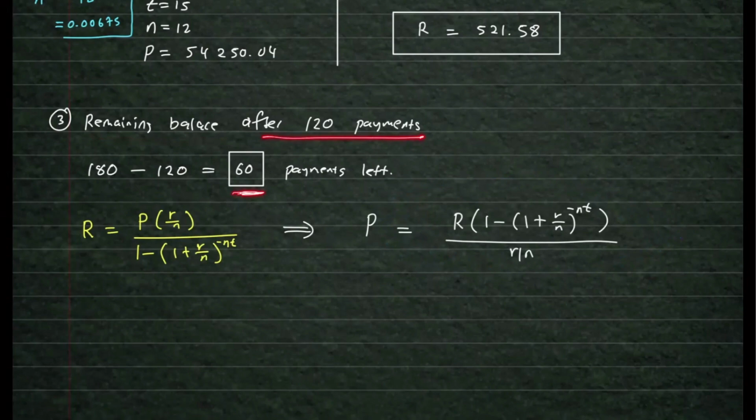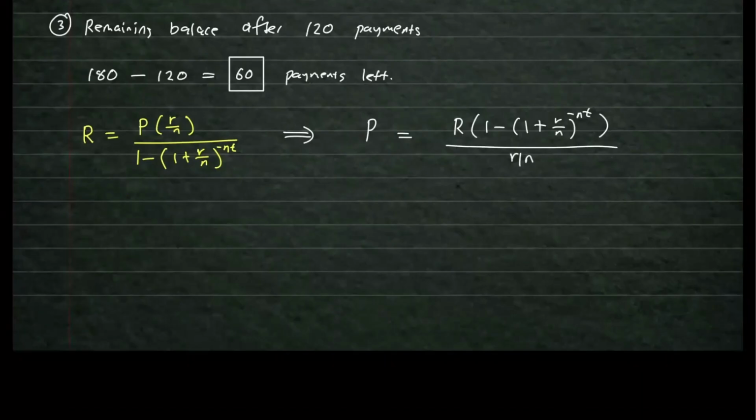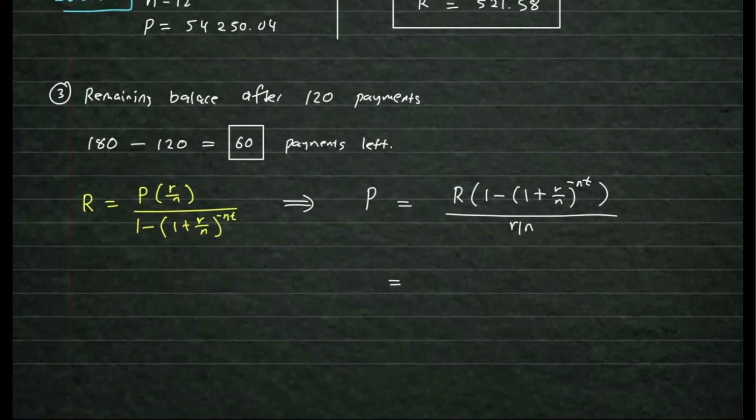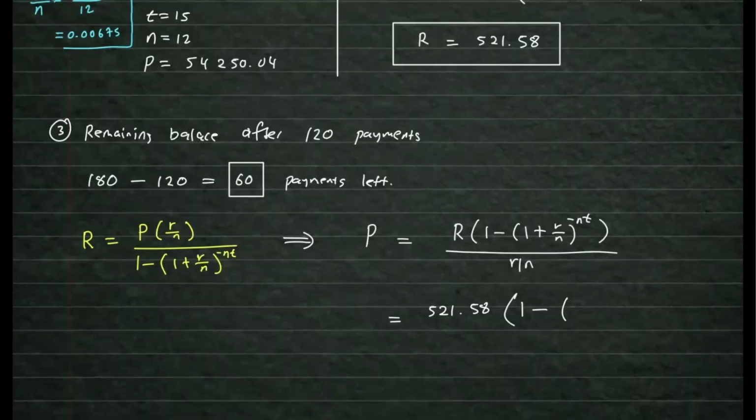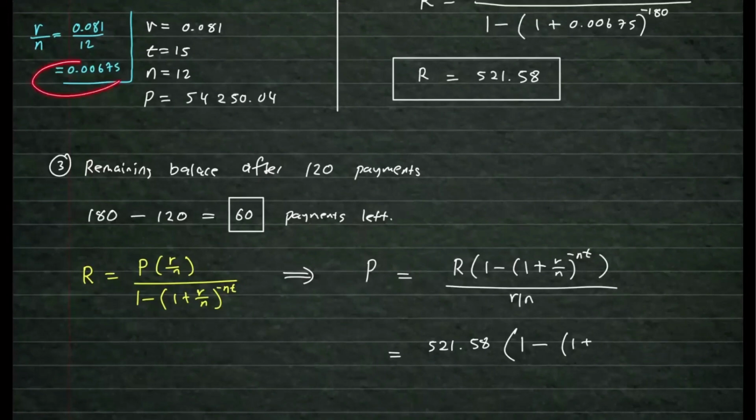That means there's still 60 payments left to make. So our R would be the monthly payment. We know that's $521.58. We're going to do this times 1 minus 1 plus R over N, and we know R over N is this number right here, which we already calculated: 0.00675, to the power of negative NT. Now remember, this is how many payments you have left, so you put that up here.